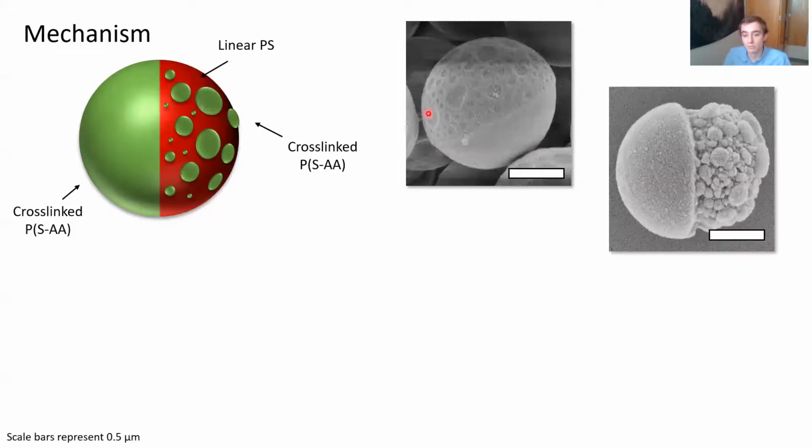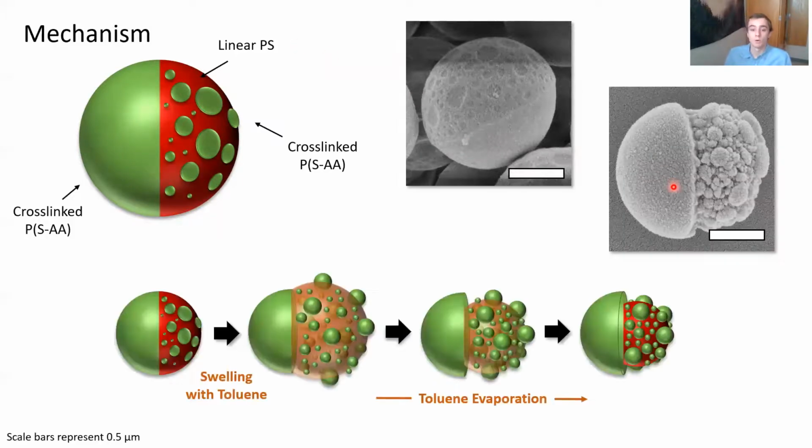So you may wonder, how do we go from this particle to that particle? Well, here's the mechanism that we have proposed. Essentially, when we swell with toluene, we are only dissolving the LPS, because cross-linked networks do not solubilize. So these domains, which are composed of acrylic acid partially, are free to move around in this emulsion droplet.